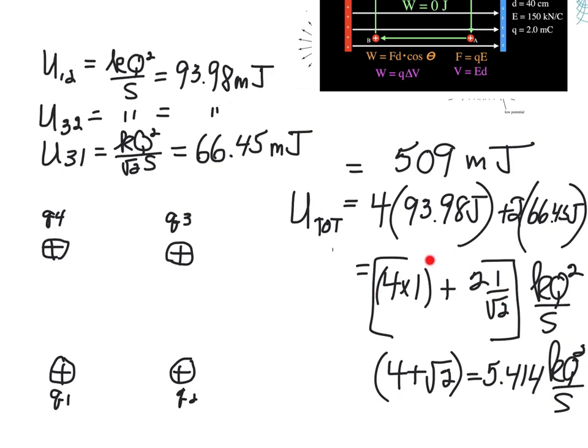And if you simplify this, you get 4 plus the square root of 2, which is this number. And so here you have the general solution of the amount of energy if you have 4 equal charges of magnitude q, arranged in a square of side length s.